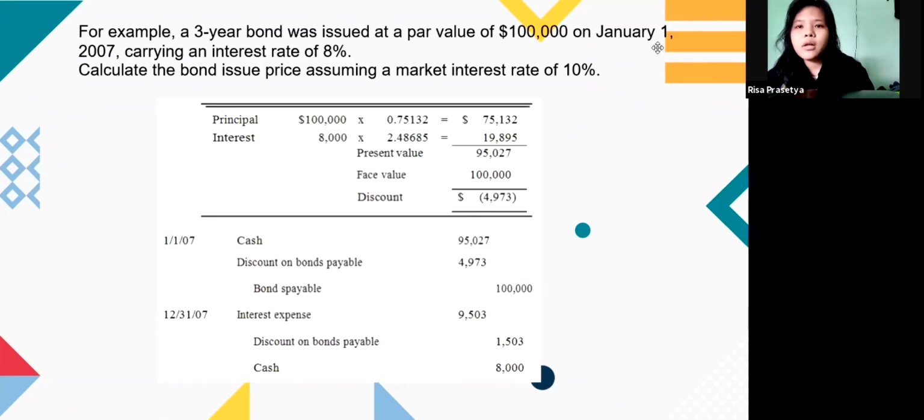For example, a 3-year bond was issued at a par value of $100,000 on 1st January 2007, carrying an interest rate of 8%. Calculate the bond issue price assuming a market interest rate of 10%.